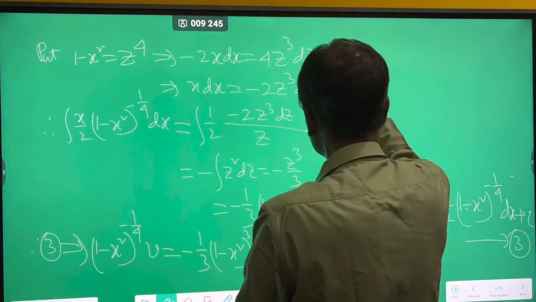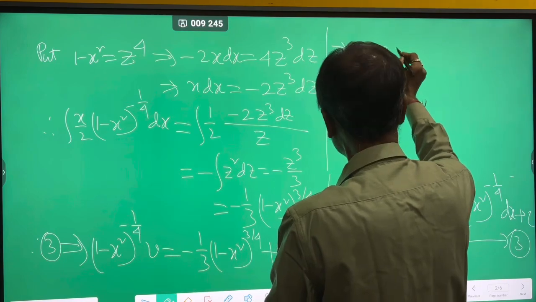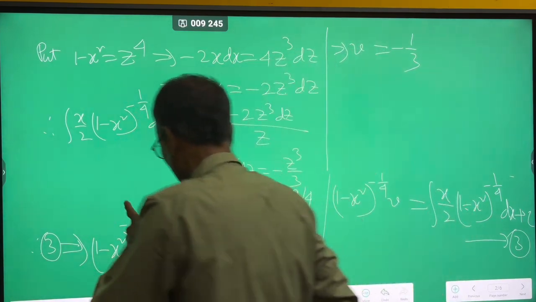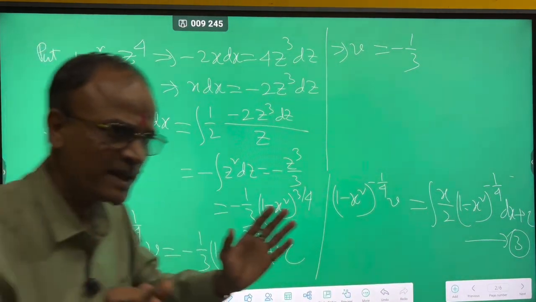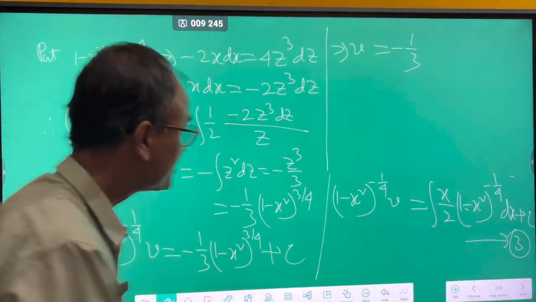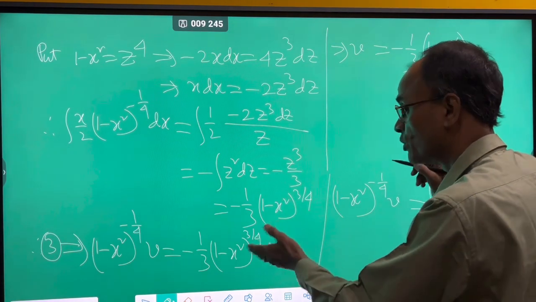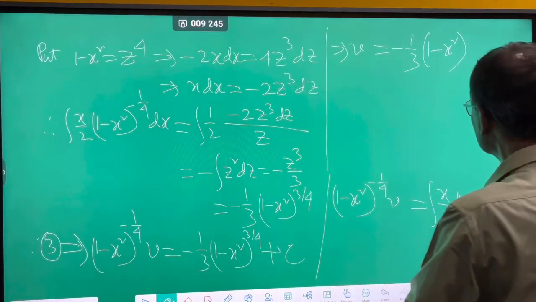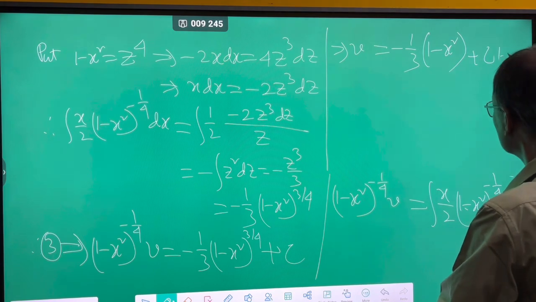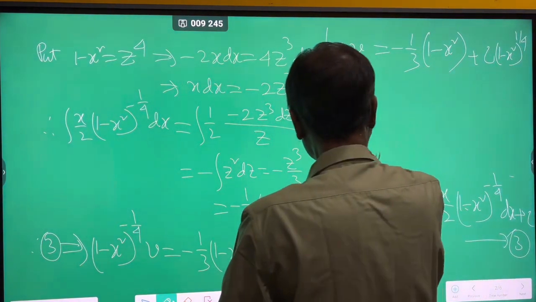This means v equal to minus 1 by 3. Multiply both sides by 1 minus x square whole to the power 1 by 4. Already 3 by 4 is there, 1 by 4 means it will be minus 1 minus x square whole to the power 3 by 4 plus 1 by 4 means 1 plus c 1 minus x square whole to the power 1 by 4. What is v?